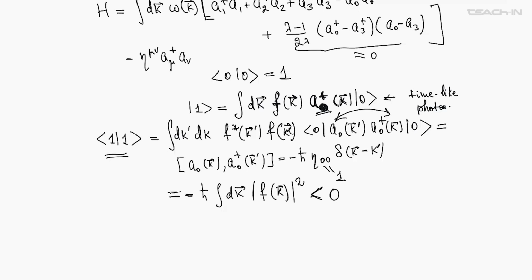This means that there are states in our Hilbert space which have a negative norm. This norm is not positive definite, rather it is indefinite. So the Fock space we are constructing has indefinite norm.